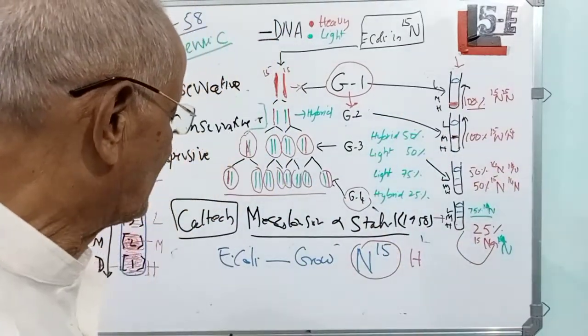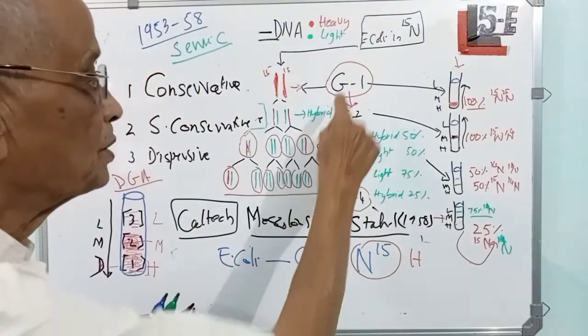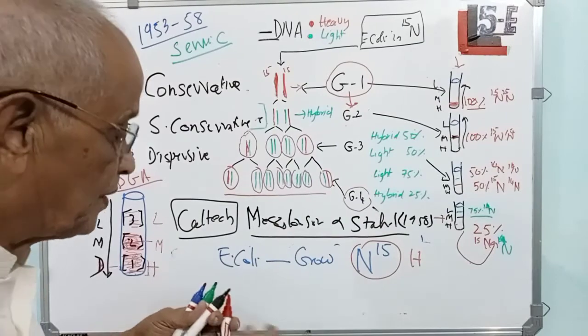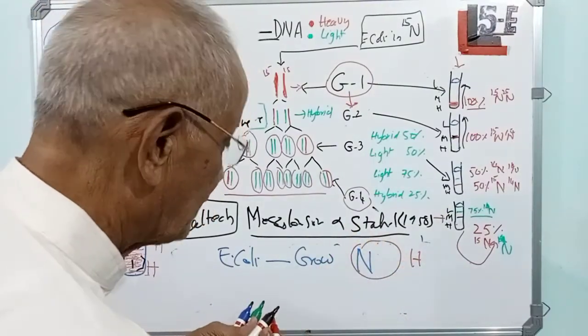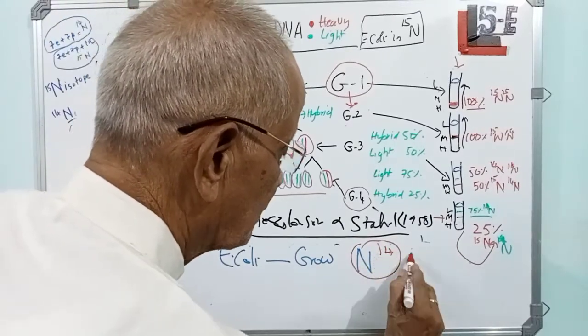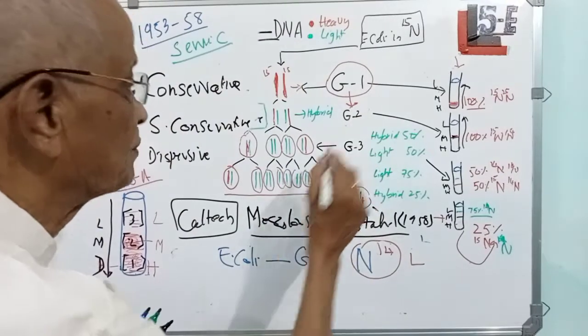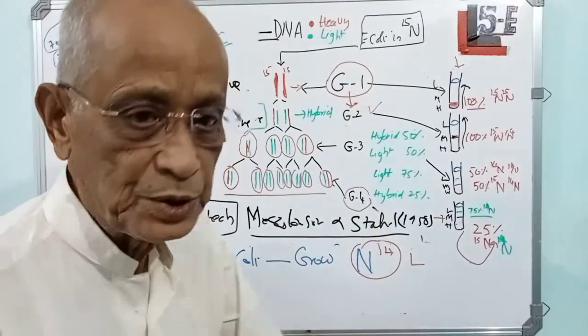And then they took this G1 and removed this N15, then they made it into N14, that is the light one. So the second generation was grown in the lighter nitrogen.